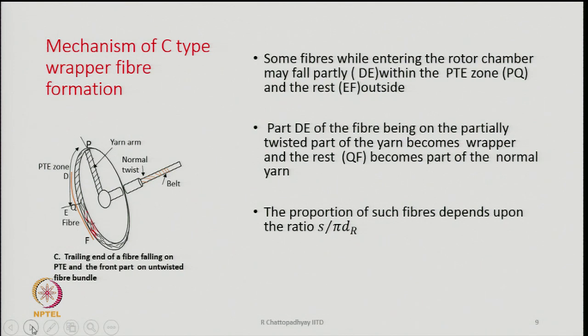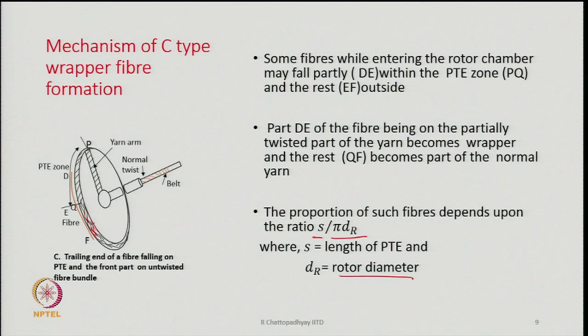And the proportion of such fibers will depend upon the ratio S by pi dr, where S is the length of the PTE zone. So, this PTE zone from here to there, that is PQ, in terms of length is S. This proportion of these fibers will depend on the ratio S by pi dr, where S is the length of PTE and dr is the rotor diameter, that is, the rotor circumference is pi dr and S is the length of PTE.